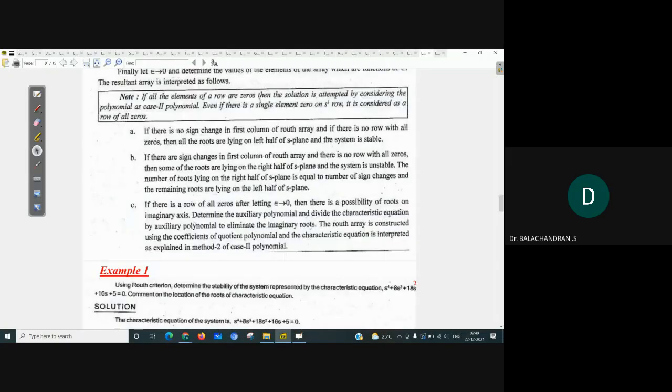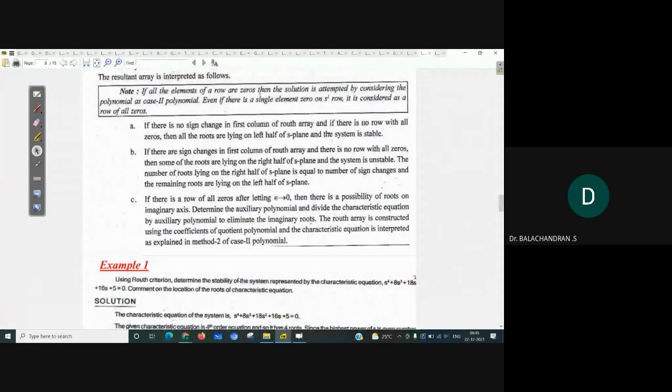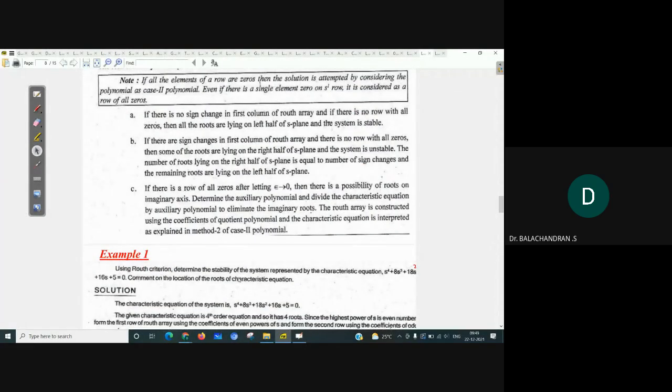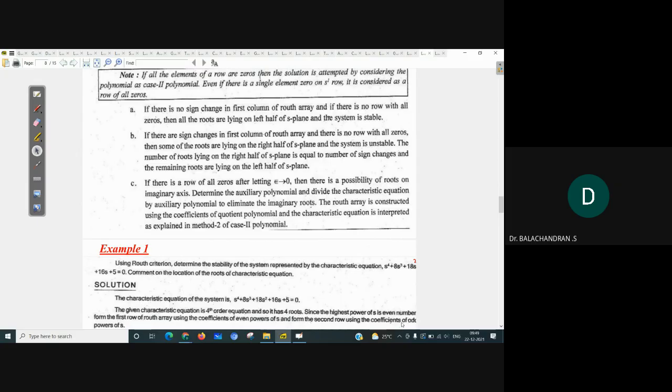Kavimani, okay. The given characteristic equation is a fourth order equation, and it has how many roots? 4 roots. Since the highest power of s is even, form the first row of the Routh array using the coefficients of even powers of s, and form the second row using the coefficients of odd powers of s.